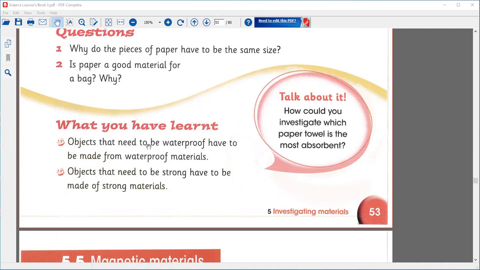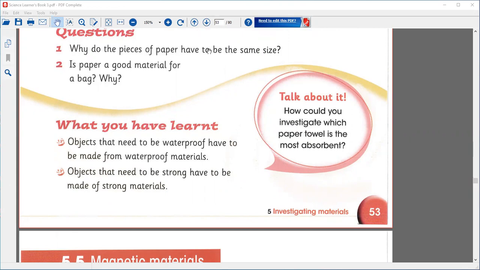Objects that need to be waterproof have to be made from waterproof material. So what is waterproof material? You can say plastic. Objects that need to be strong have to be made of strong material. We are not using light material, or you can say weak material, for that kind of objects.